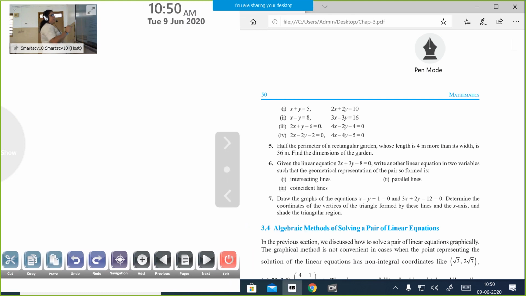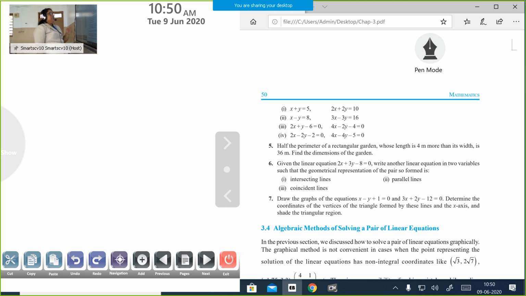Okay, read the question. Question number 6. It is based on the consistency of a linear equation.